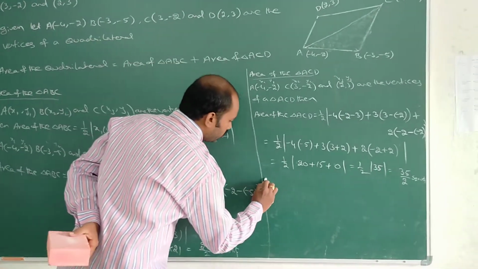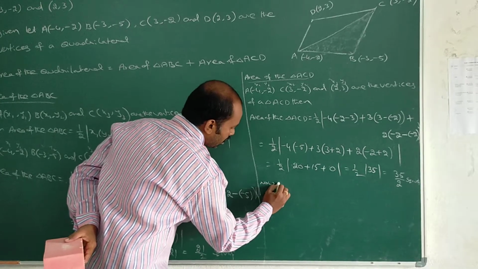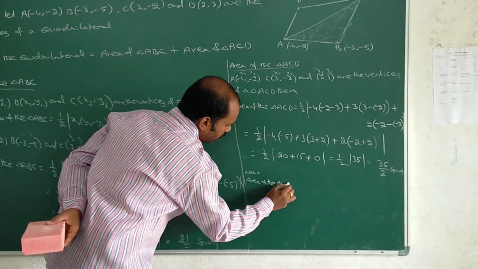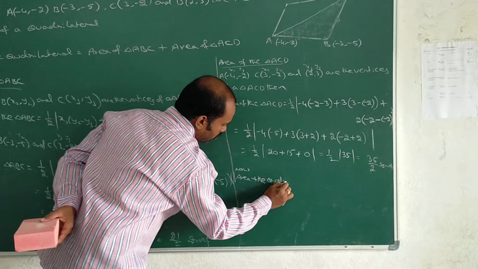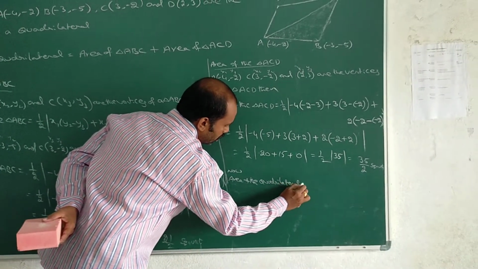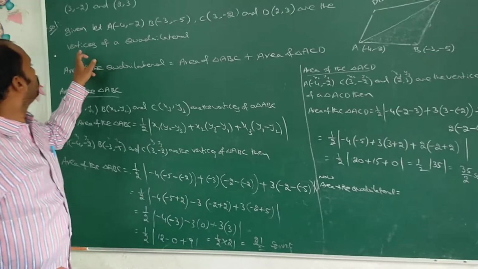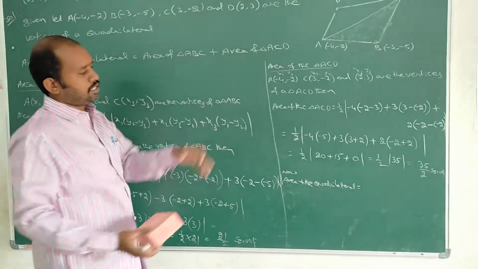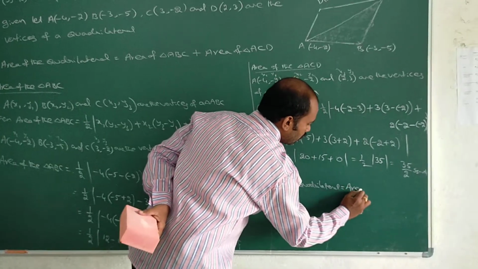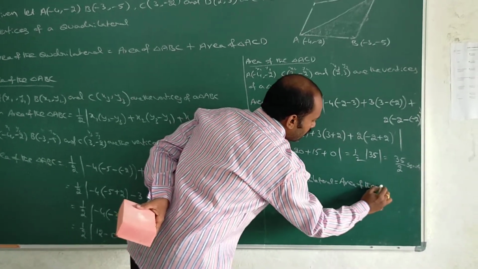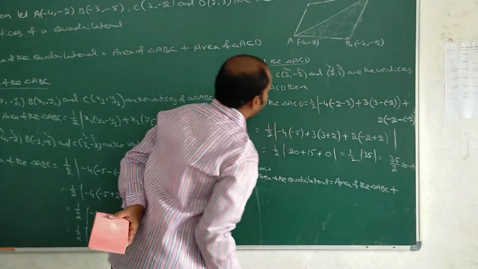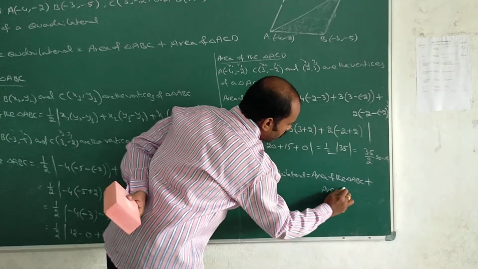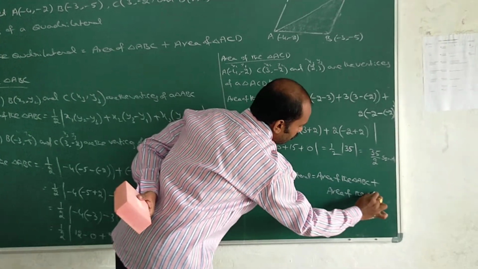So the area of the quadrilateral equals the area of the triangle ABC plus the area of the triangle ACD.